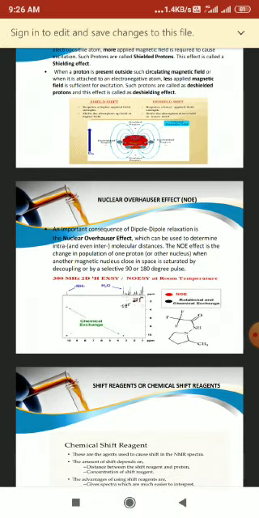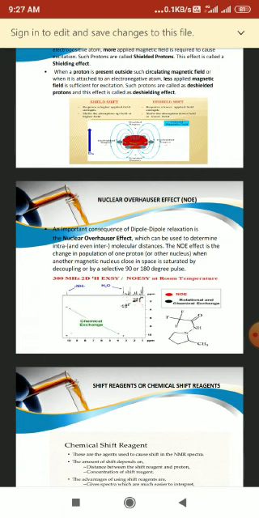Then the other is detected as a more intense or weaker signal than the usual or normal signal. This is known as NOE, the nuclear Overhauser effect. This effect is seen over a short distance, that is 2 to 4 Angstrom units, between two nuclei.